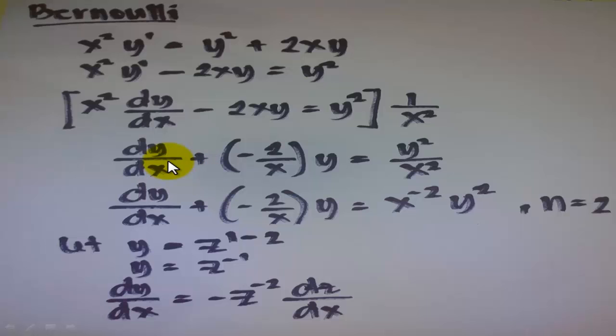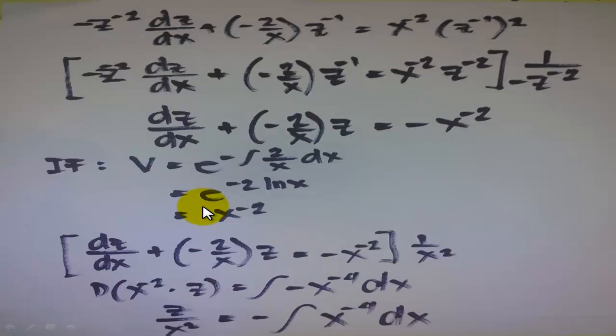Now you have dy/dx plus, the general formula always has the plus in the middle, negative 2 over x times y is equal to y squared over x squared. Now again, rearranging this one to make it easier to look at.